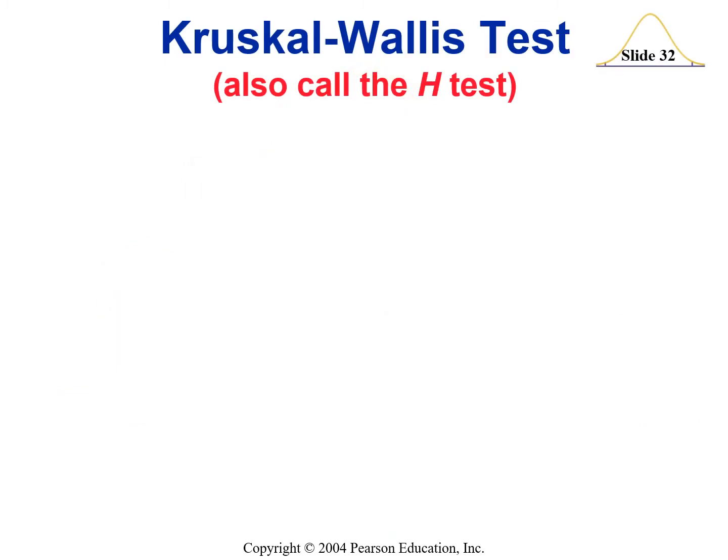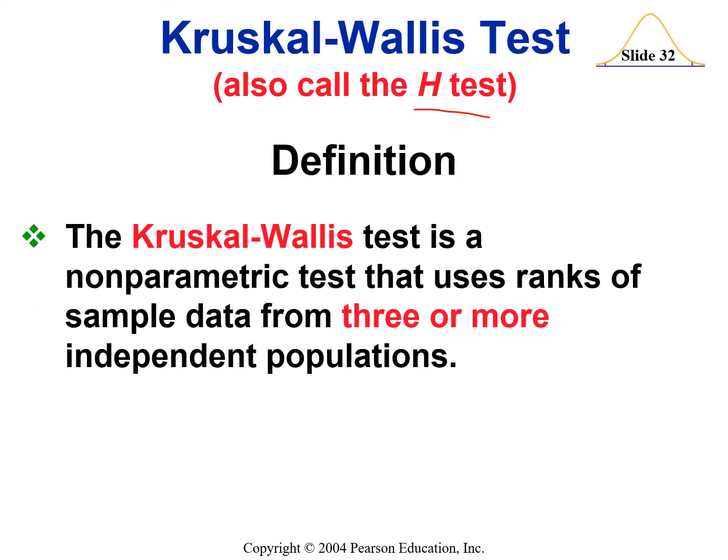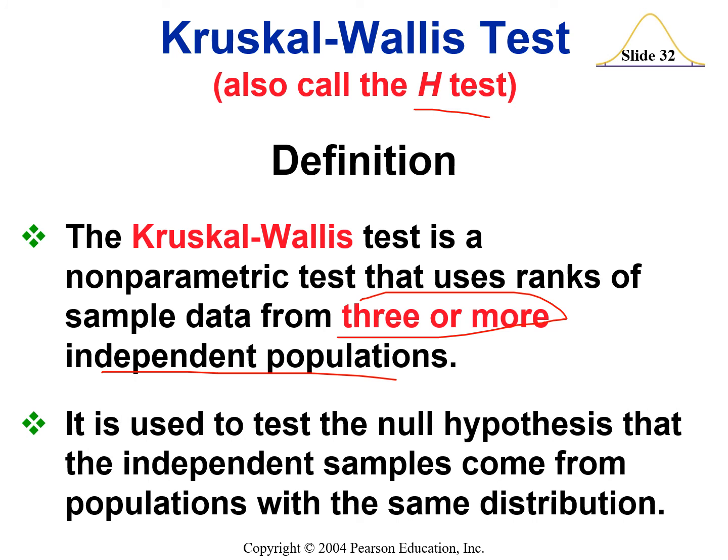Also called the H test. The Kruskal-Wallis test is a non-parametric test that uses ranks of sample data from three or more independent populations. It is used to test the null hypothesis that the independent samples come from populations with the same distribution or with the same medians.